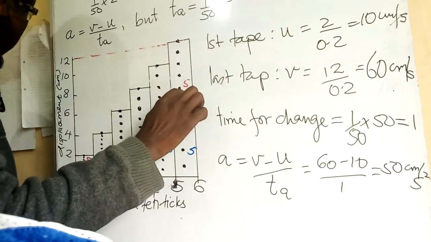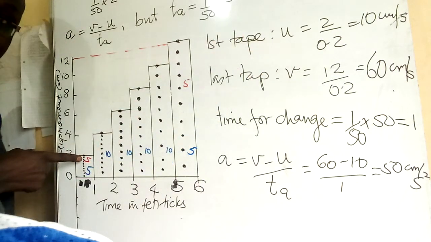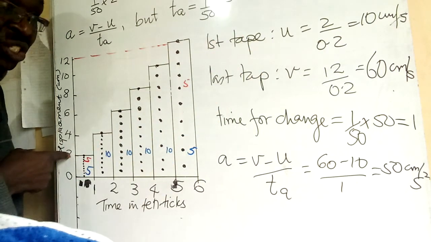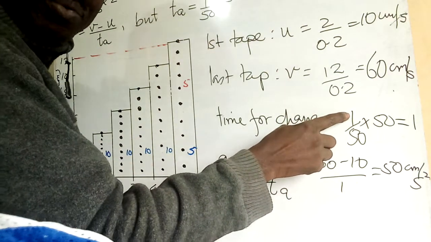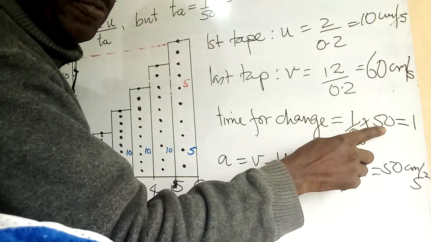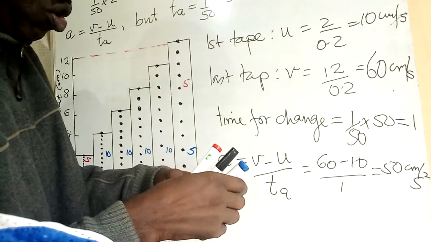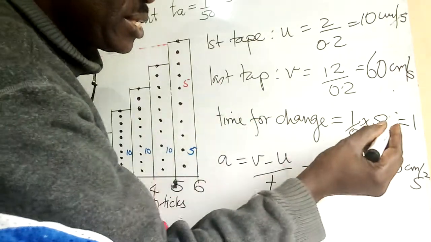So I've left out a half on the final piece and also a half on the initial piece. So time for one space is 1 over 50, and I'm dealing with 50 spaces to give me a time of 1 second.